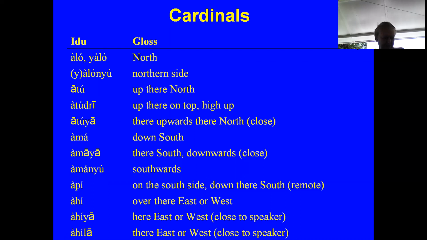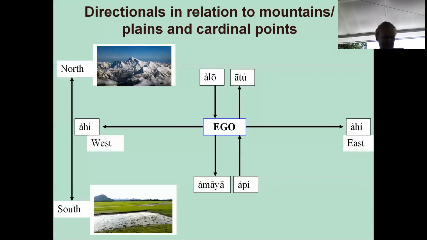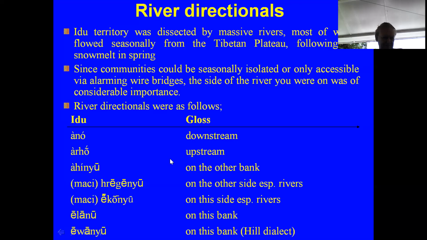And you could think of these as essentially meaning sideways, and these also have a proximity form. So I've also represented this as a typical diagram, with east and west being essentially the same term, and the terms going up and down from ego in relation to the mountain, which are now interpreted in modern terms as north and south.